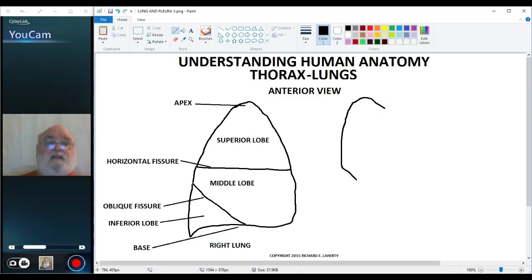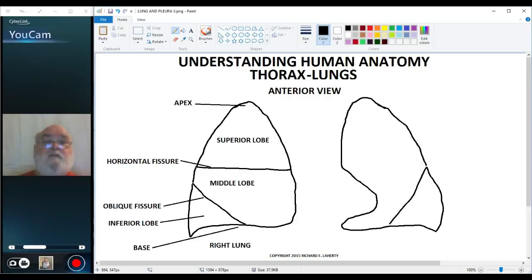But we find that there is a notch in the left lung. And in the left lung, we only have one fissure. We only have 2 lobes, so we only need one fissure to separate out the 2 lobes. And that is an oblique fissure on the left side.